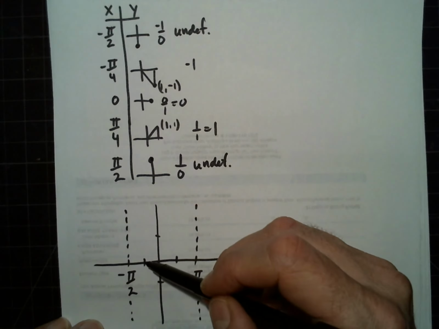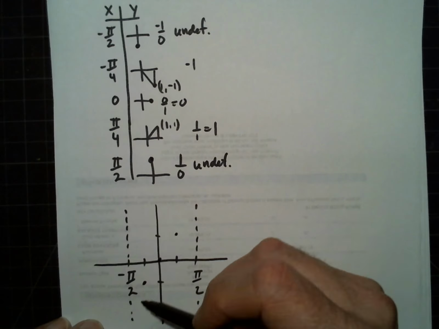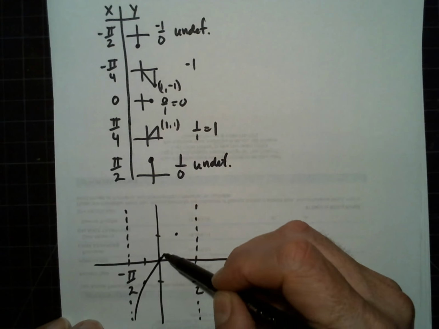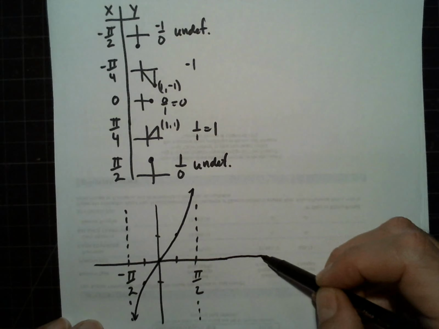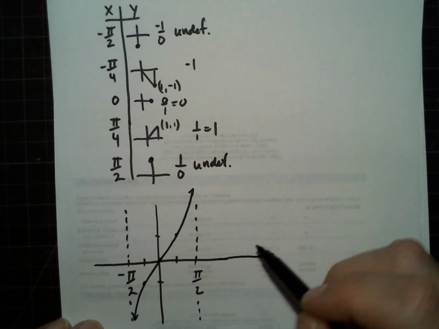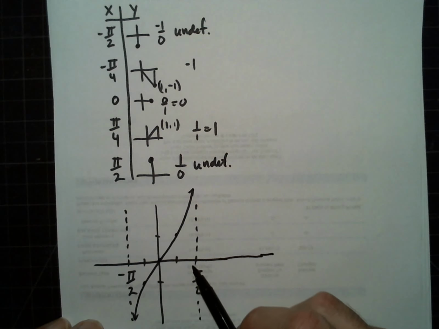At negative pi over 4, we'll go down 1. At 0, we go to 0. Pi over 4, we go to 1. And the graph goes like that. And it also repeats. The period is pi.